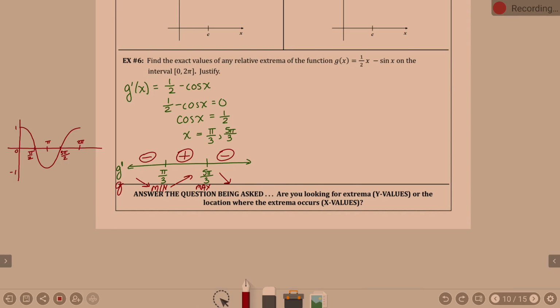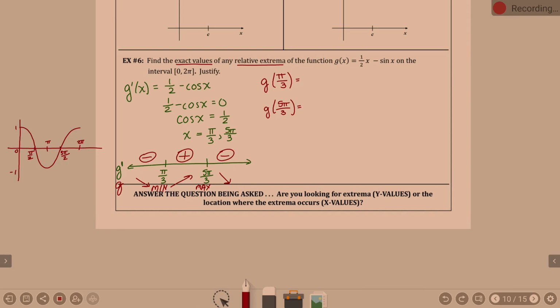Now, okay, what did they ask me to do? Find the exact values of any relative extrema of the function on the interval 0 to 2 pi and justify. So when it says find the exact values, we're going to have to know g of pi over 3 and g of 5 pi over 3. Exact values means they're not technically asking for decimals, are they?